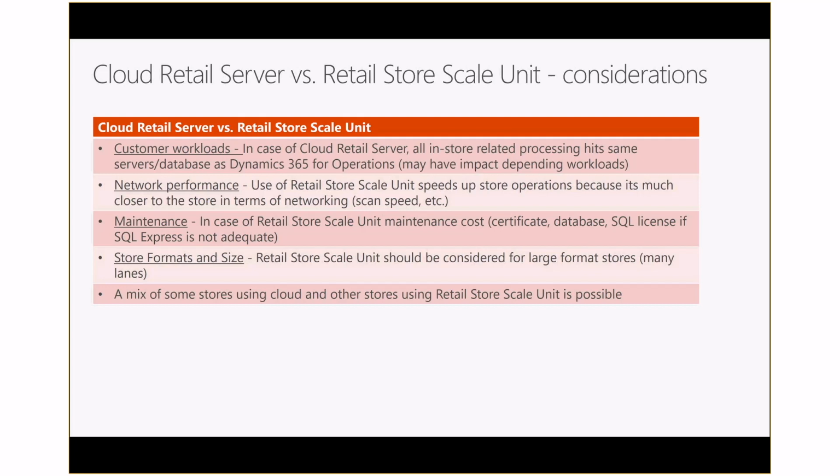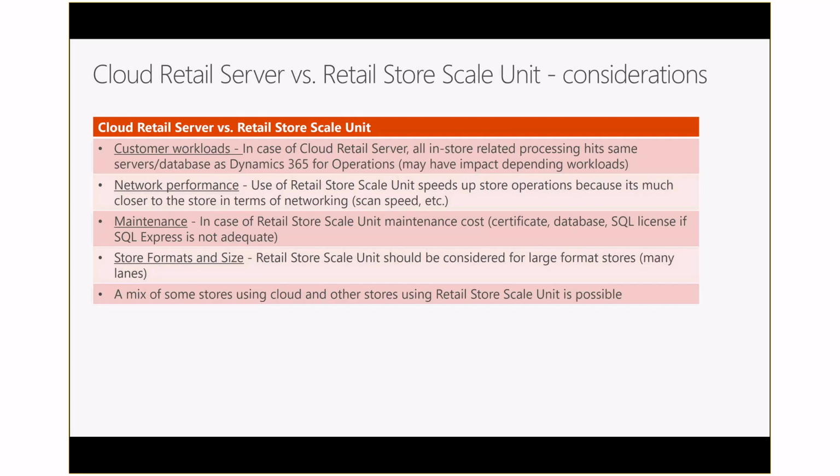As the first consideration, we highlight the difference, again as a summary, between the cloud-only retail server versus the retail store scale unit. It is important to consider what customer workloads are at play in this project.